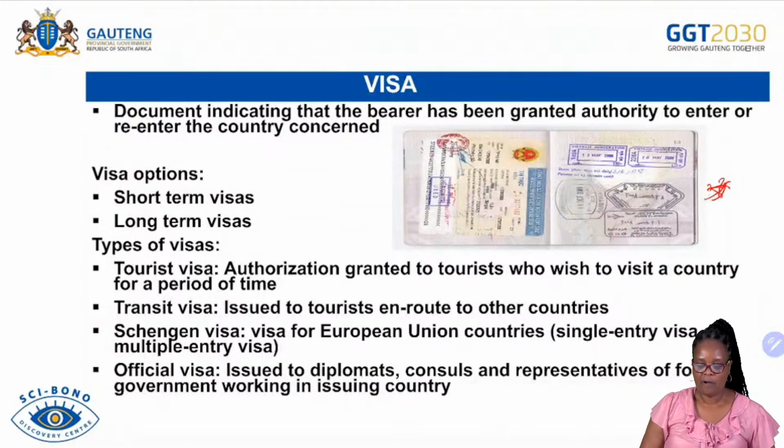Mostly visitors, those who will be visiting their friends, family and relatives, for study, for work, or for medical. There are so many reasons that a visitor visa can be applied for.